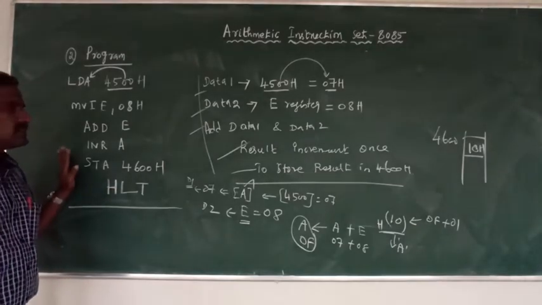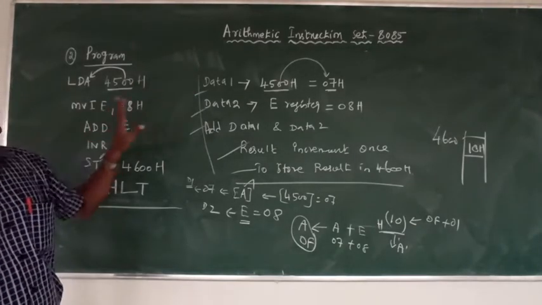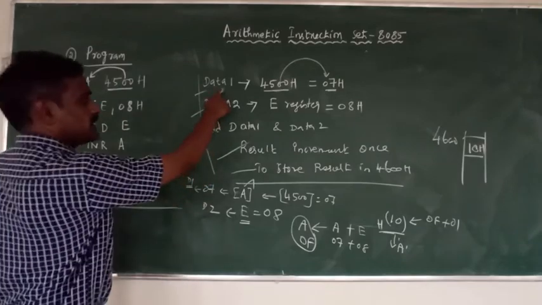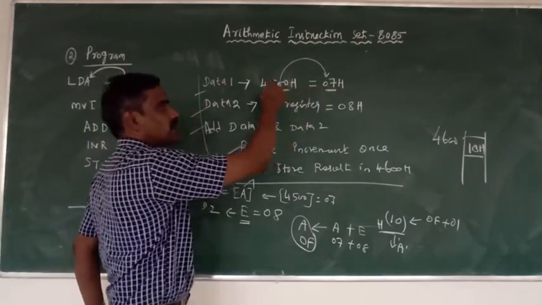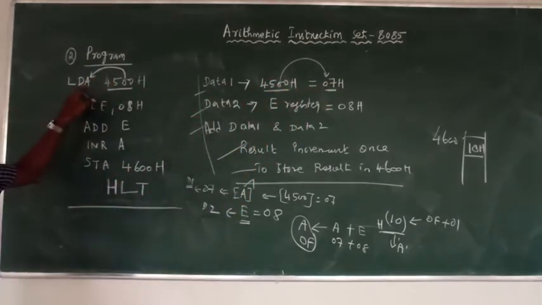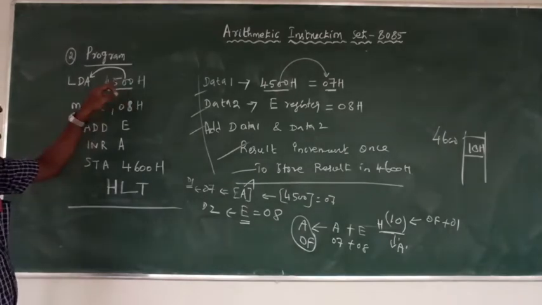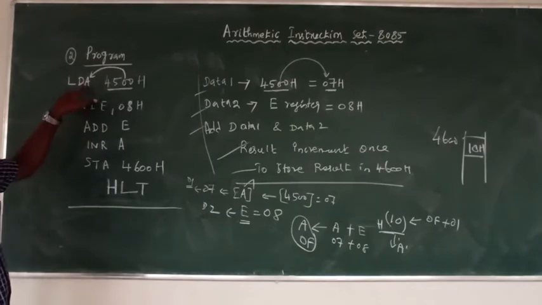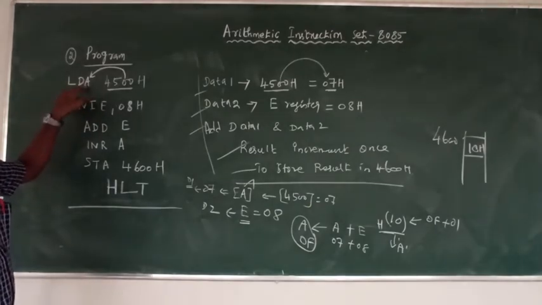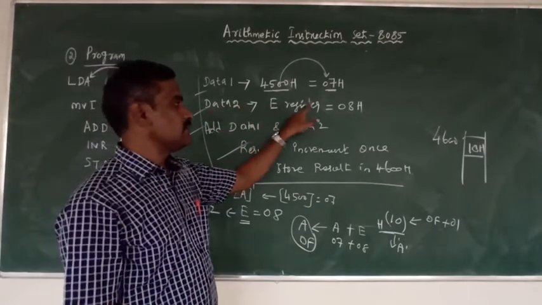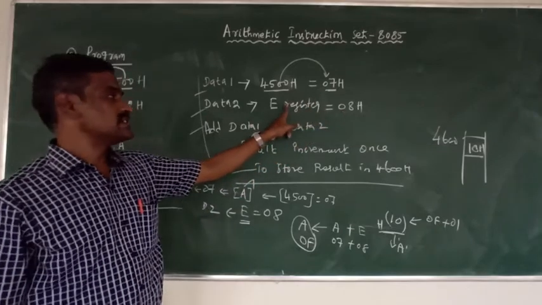This is the second program concept. Data 1 is initialized from 4500 address. For that we can use LDA 4500. LDA 4500 means the memory address location data is loaded directly into the accumulator. The second data is in the E register, 08.